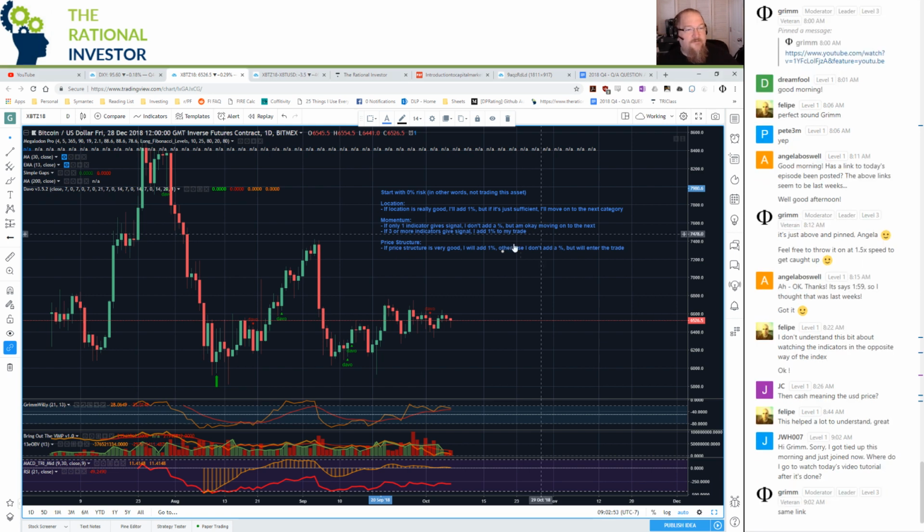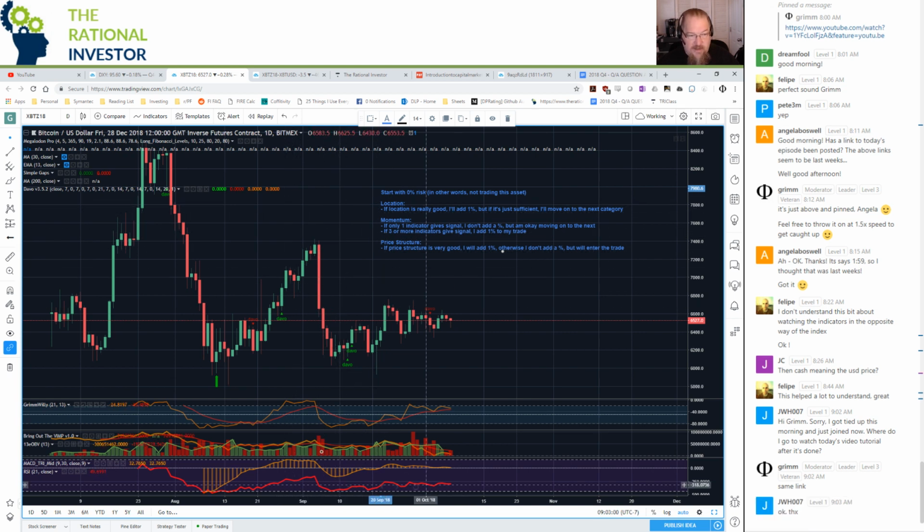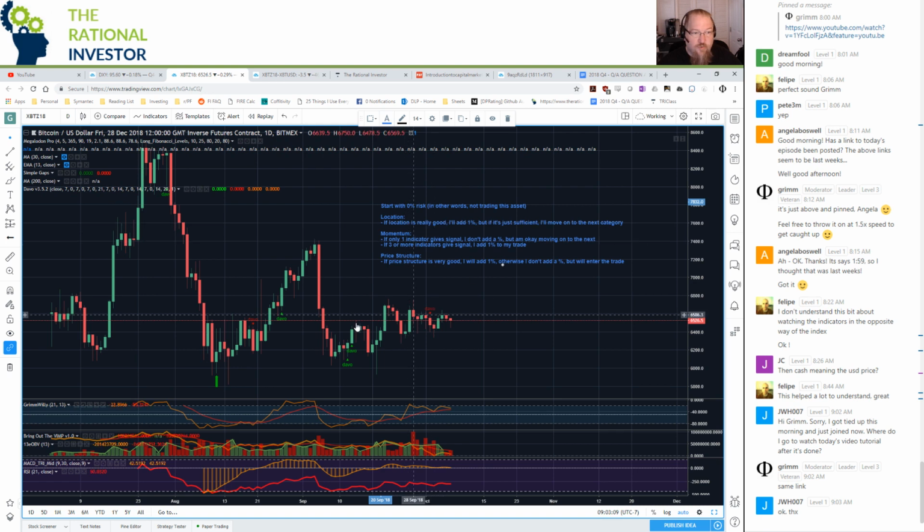If I have like 3 of these giving me the same divergent signal, for instance, I will add a percentage to my risk. So say location was really good and I've got 3 of these, and then I'm at 2% for my trade. And then if price structure is really good, I will add another percent to it.